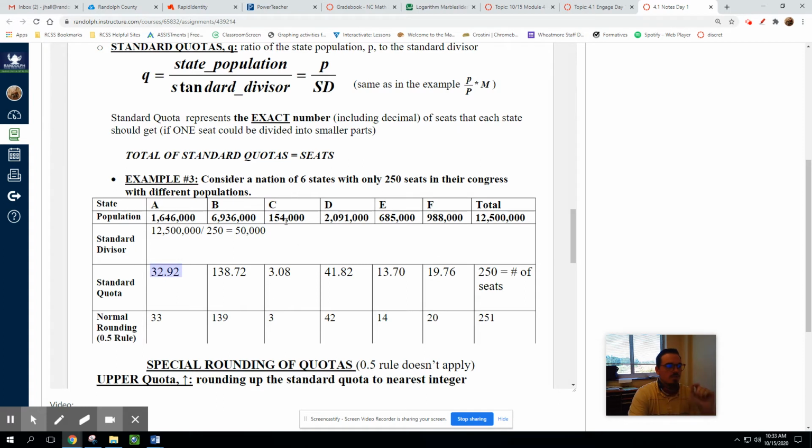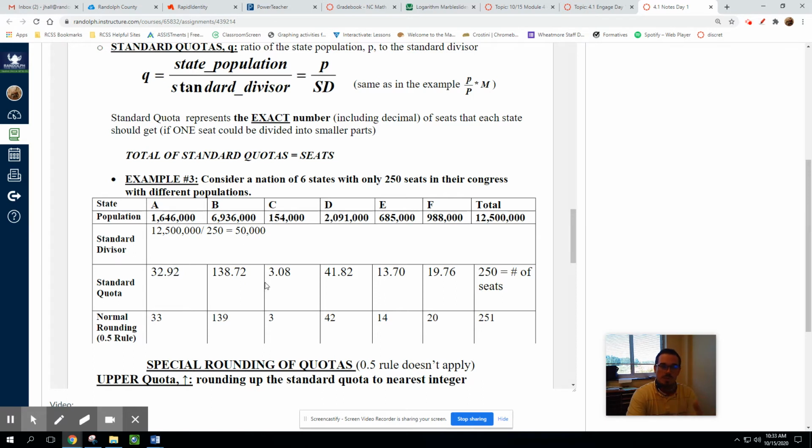So for the standard quota, we take the state population, in this case the population of A, 1,646,000, and divide it by the standard divisor of 50,000. State population 1,646,000 divided by 50,000 will give us 32.92.